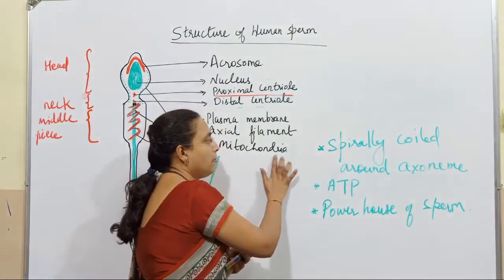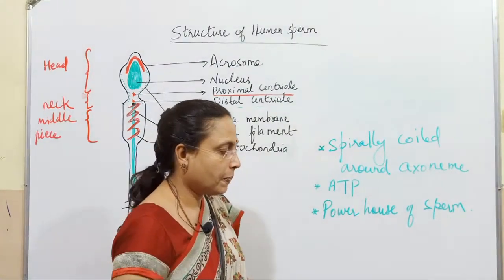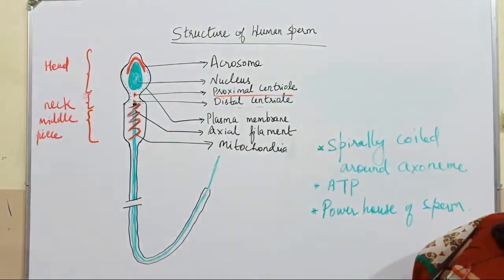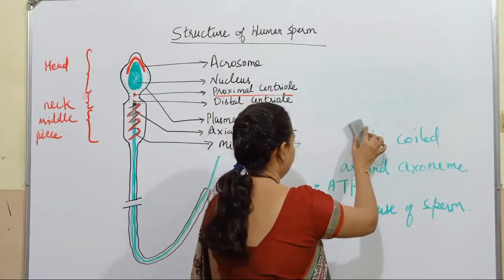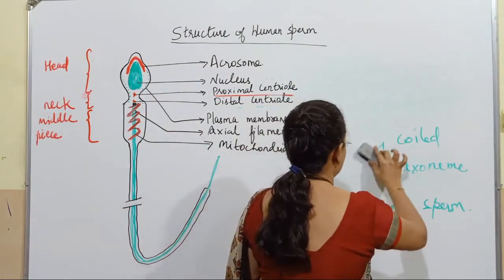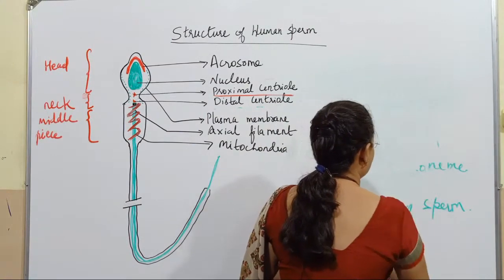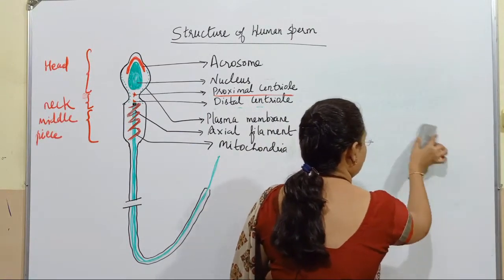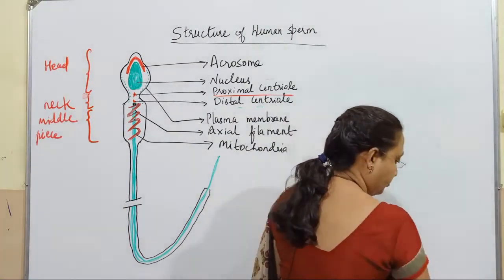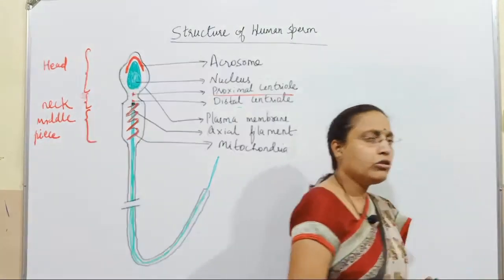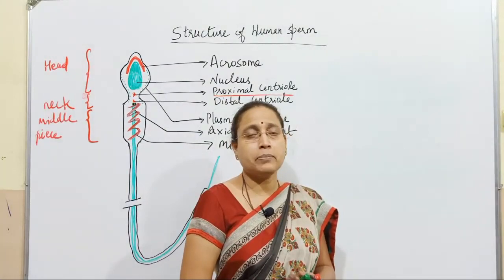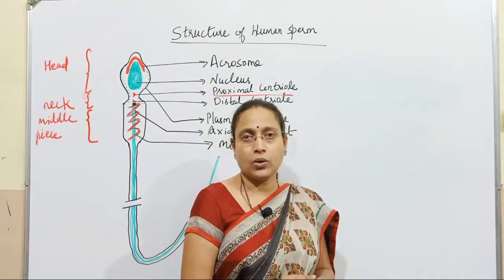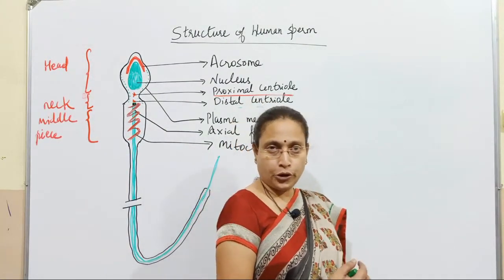It should be mitochondria. Know from where the ATP arises. Unlike a regular cell, here the ATP does not arise from glucose. ATP is not produced from glucose.